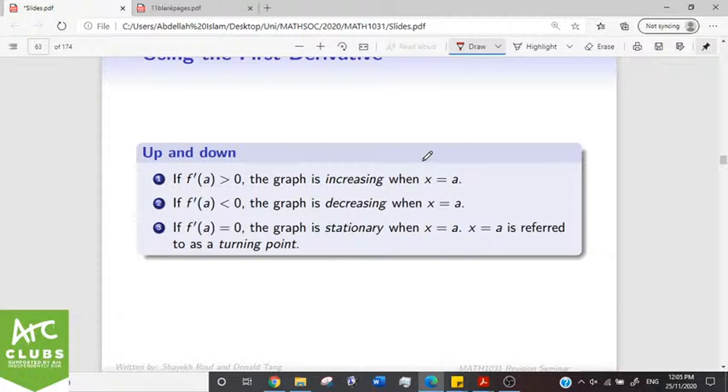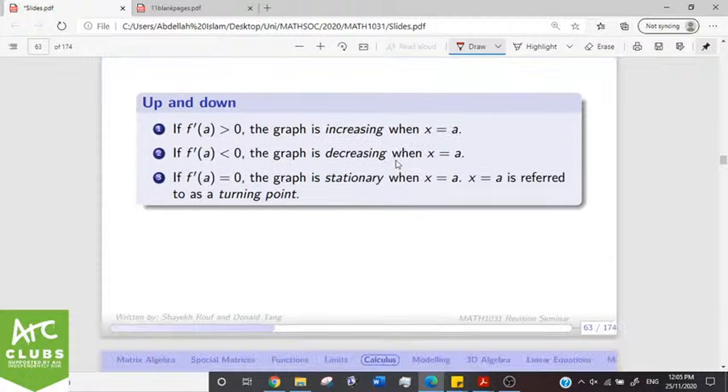The derivative can tell us a lot about a graph, actually. So if we draw a graph that looks like this, and this is point A, if the derivative is positive, that means the velocity is positive, and that means the graph is increasing. It really does mirror the idea of velocity.